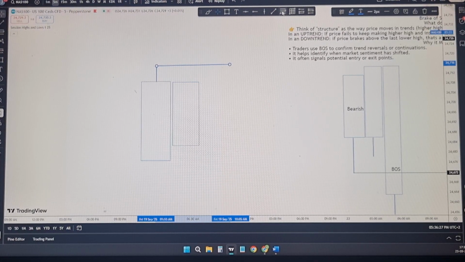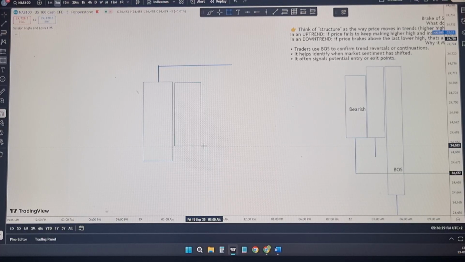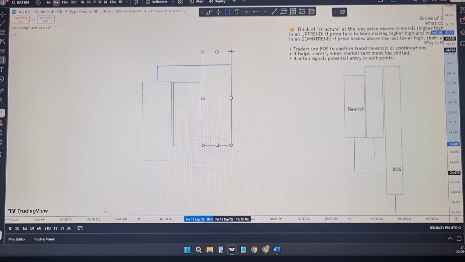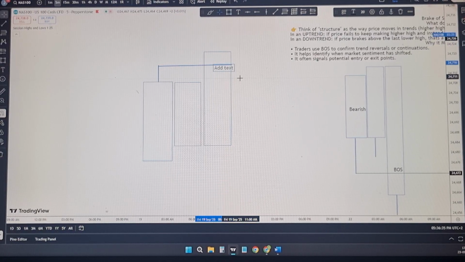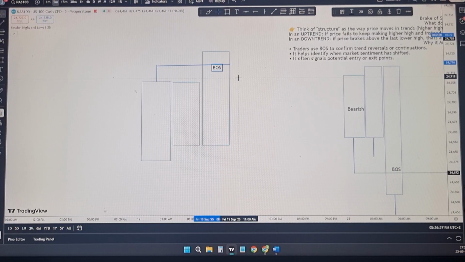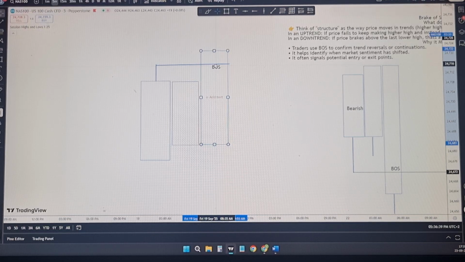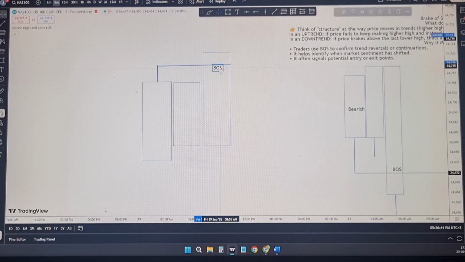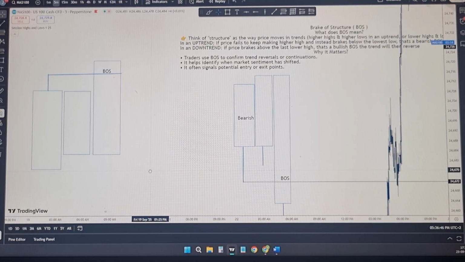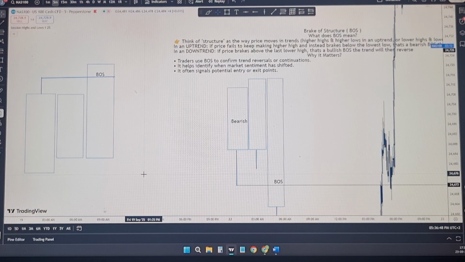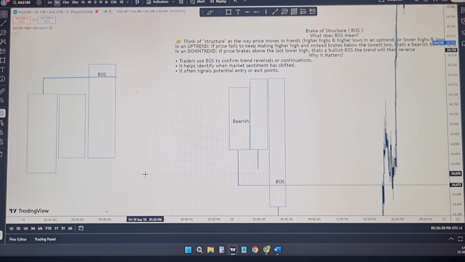So if we get a candle that opens here and closes above that, then that is the break of structure. Easy. So that is plain and simple how you explain break of structure.